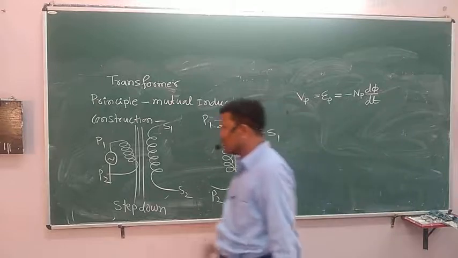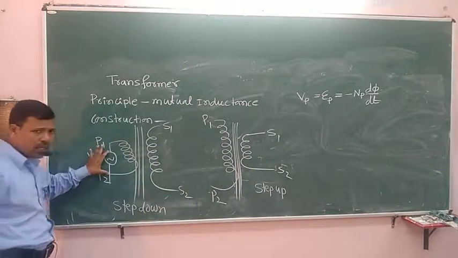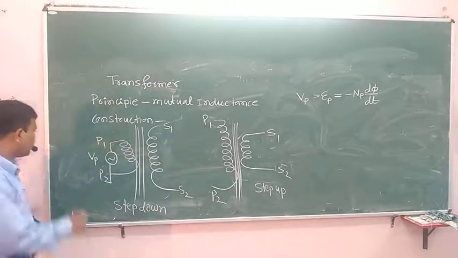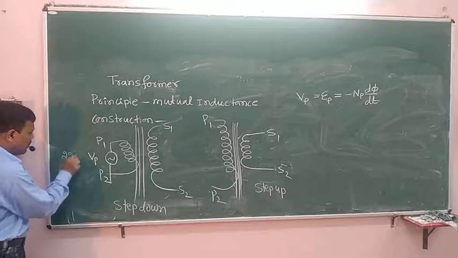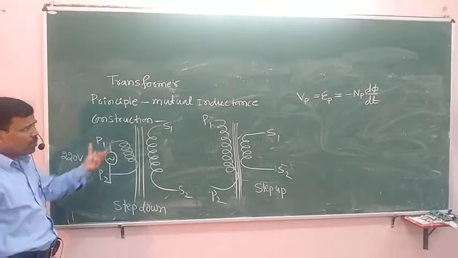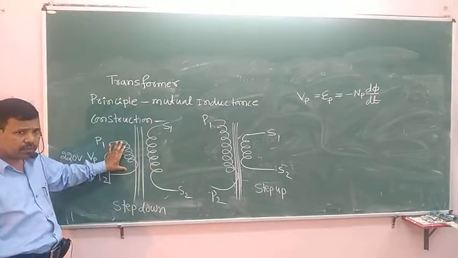What is Vp? The alternating voltage applied across the primary coil, say 220 volt. This is the applied voltage. And what is Ep? The induced voltage in the primary coil.